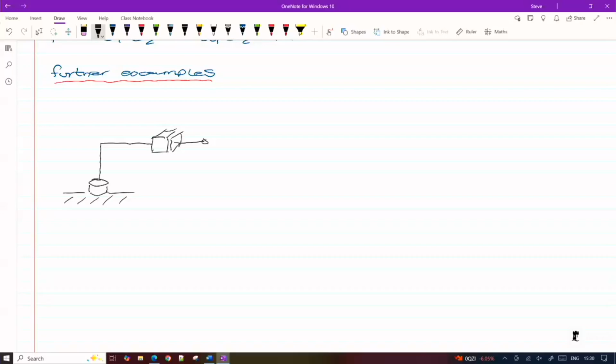Okay, so the rotational joint on the bottom, this will become important later for this example and later examples.